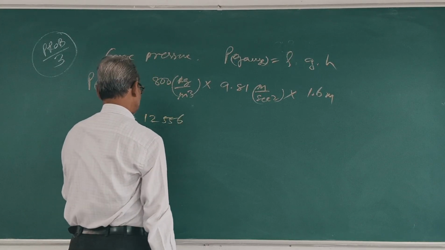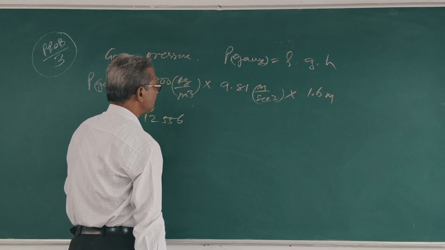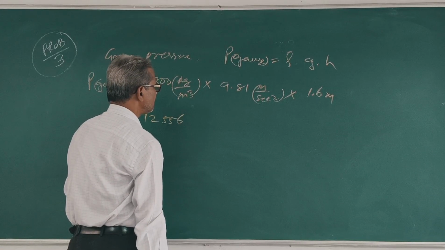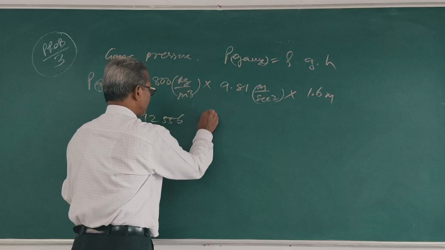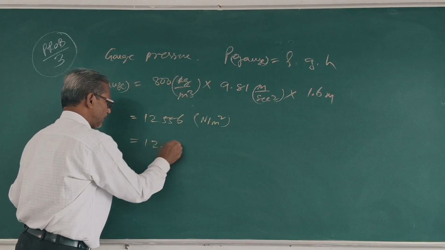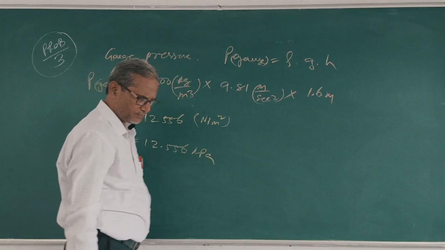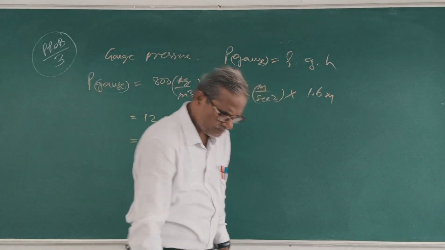What is the answer of pressure? Newton per meter square. What is this? 12.556 kilopascal. This is the answer. Clear?